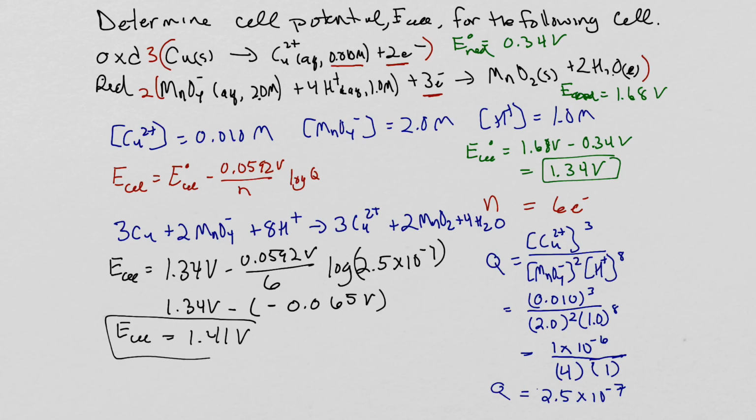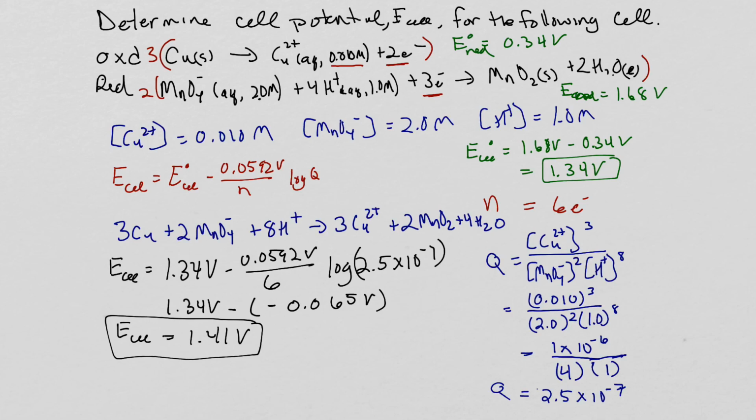equals my non-standard. And so what we see here is our non-standard voltage is higher than our standard voltage, and this makes sense because the concentration of our reactants is higher than the concentration of our products.